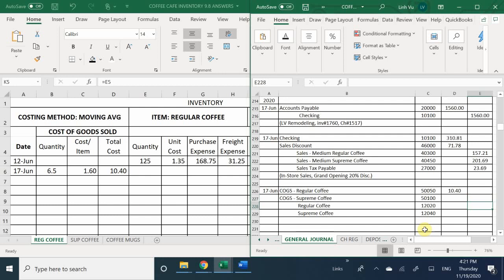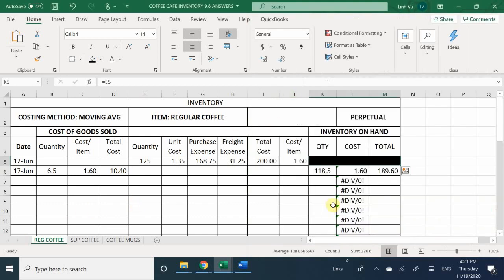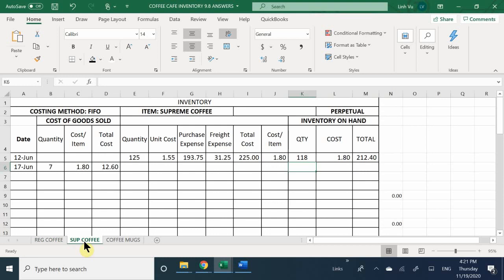So I know for sure that if I'm calculating my cost of goods sold for my regular coffee, I've already calculated that I'm going to subtract $10.40. So I'm going to take $10.40 from my inventory, which in fact we already did right here. Our new amount in inventory should be reflecting as $189.60. We'll talk about that when we enter it into our ledger.